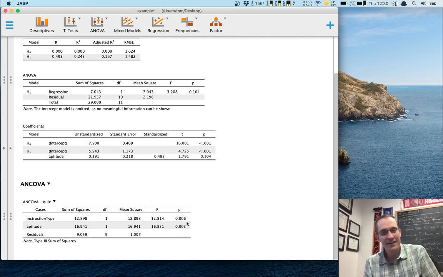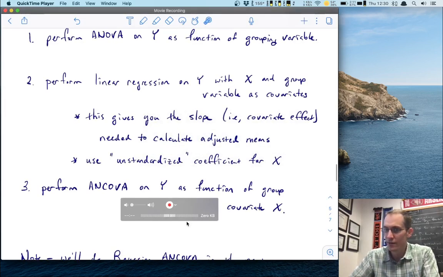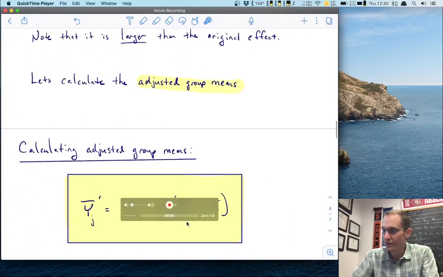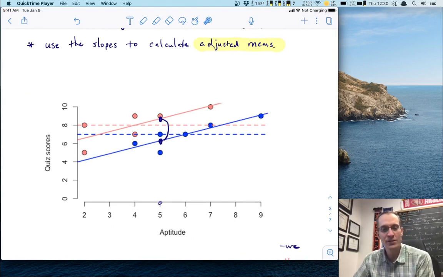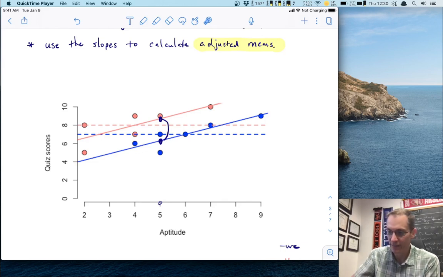What we did is statistically quantify this picture that we were looking at earlier, which is right here. If you somehow account for the effect of aptitude on scores, i.e. these lines here, these linear relationships that we're seeing, then you can actually adjust the means farther apart.